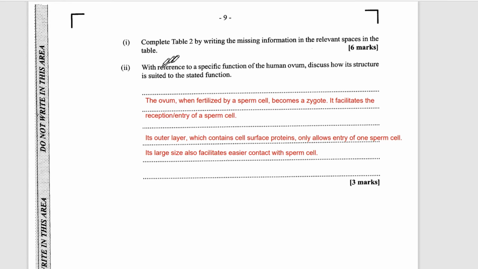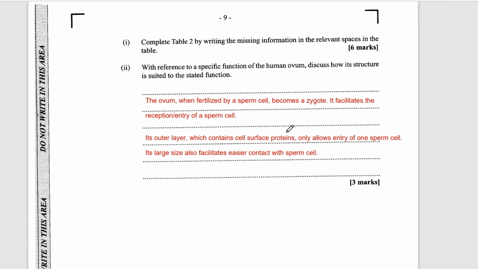Right, part 2, with reference to a specific function of the human ovum, discuss how its structure is suited to the stated function. Well, really, the function of the ovum is to get fertilized by the sperm cell, or to basically allow reception or entry of the sperm cell. So how does it do this? Well, it has an outer layer, and that contains cell surface proteins.